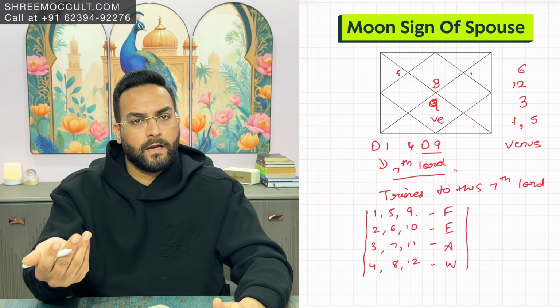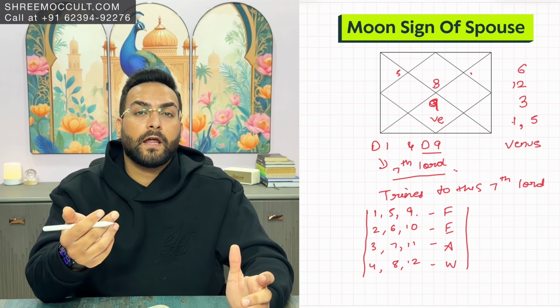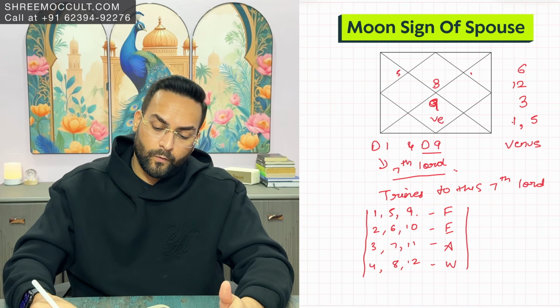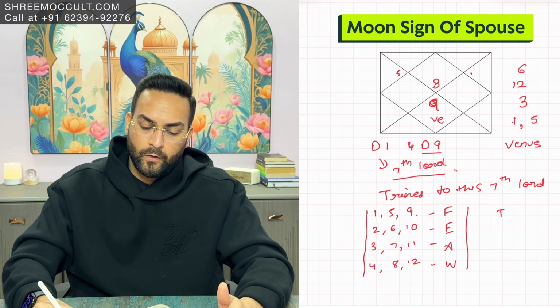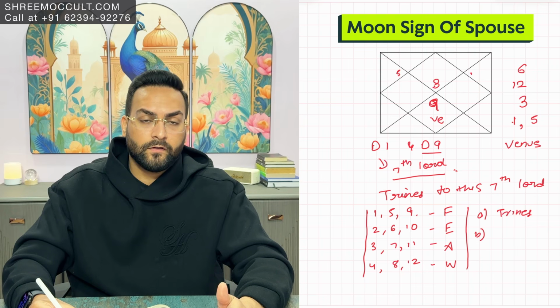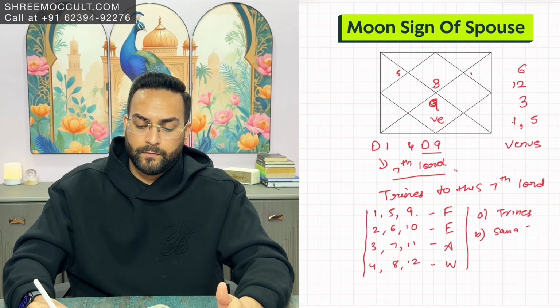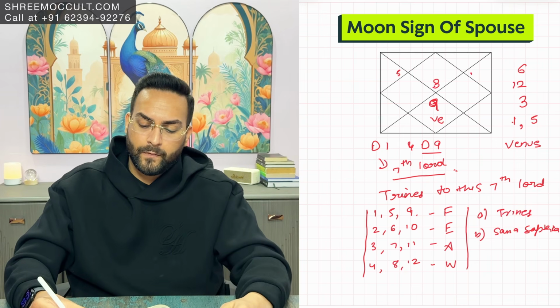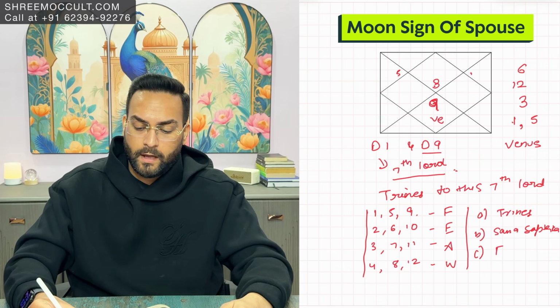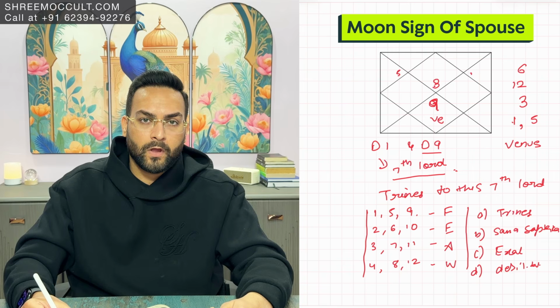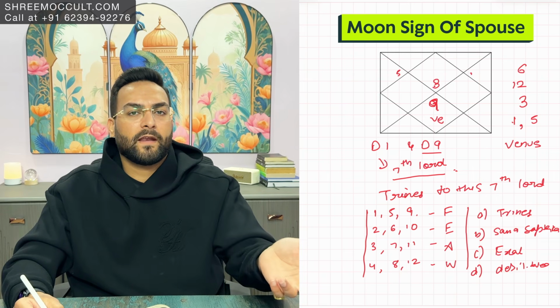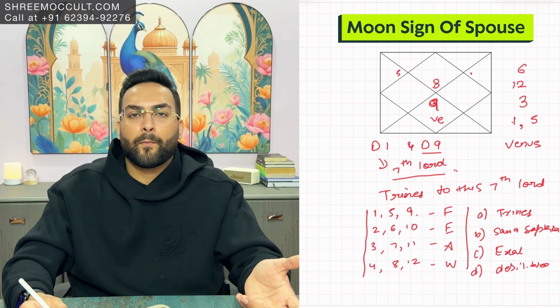Now, moving ahead, we can also use it as an application. What options did I give you? One option was trines. Option B was Sam Saptak, that is exactly seventh to it. The third option was the exalted sign, and the fourth option was the debilitated sign. Now, suppose you are already married. You can use this application then also.